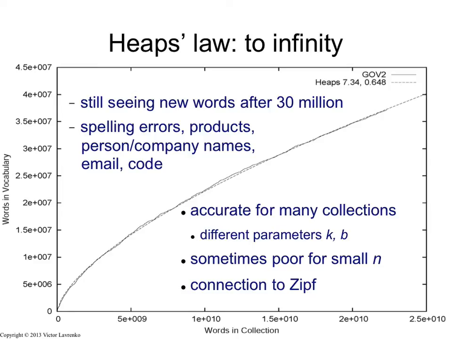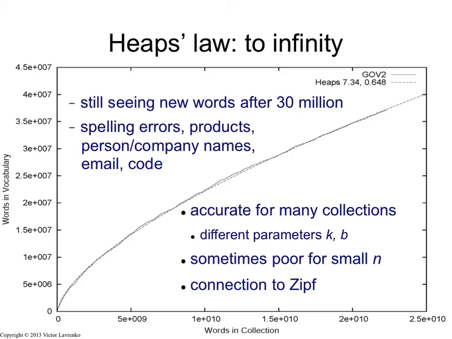The reason this is happening is that the words you keep seeing are not words in your normal English dictionary, because the dictionary is finite and much smaller than 30 million. So what are these? These are things like spelling errors. People will misspell words in lots of different and creative ways, but that's not the only thing that happens.